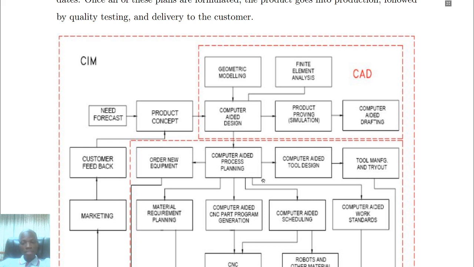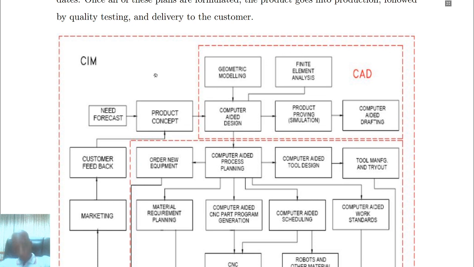The computer assists in doing that. Though we still have the human component there, the computer helps in doing most of the things over here. All right, so here everything falls within the bracket of CIM, which is computer integrated manufacturing.